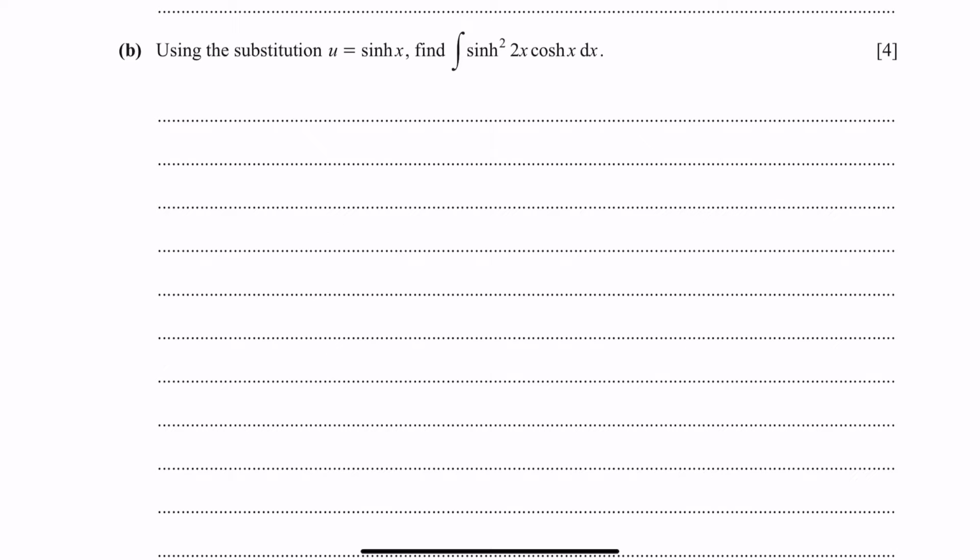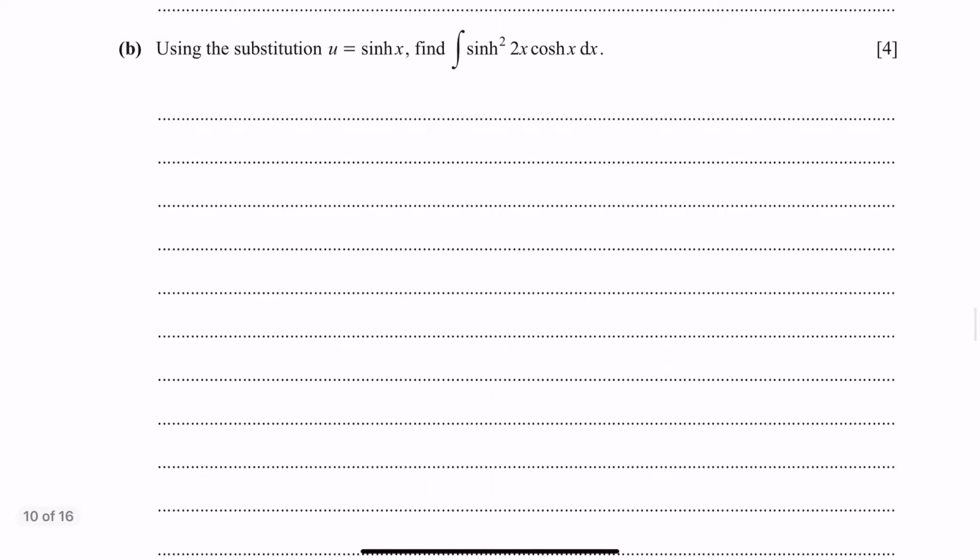Part B, we need to use the substitution of u equals sin x to find the integration. So u equals sin x. So du over dx is cos x, and dx would be 1 over cos x times du.